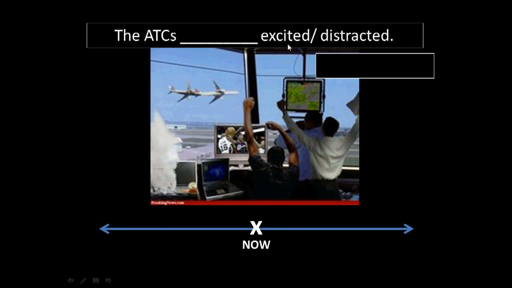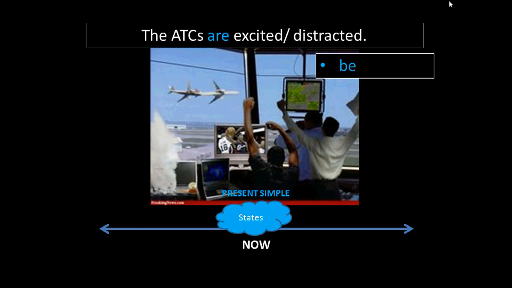If we want to talk about excited and distracted, these are feelings or states of being. So which verb should we use? We'll use the verb to be. And we said already, verb to be is a state. So what would we say? Yes, the ATCs are excited or distracted. The ATCs are excited. The ATCs are distracted.